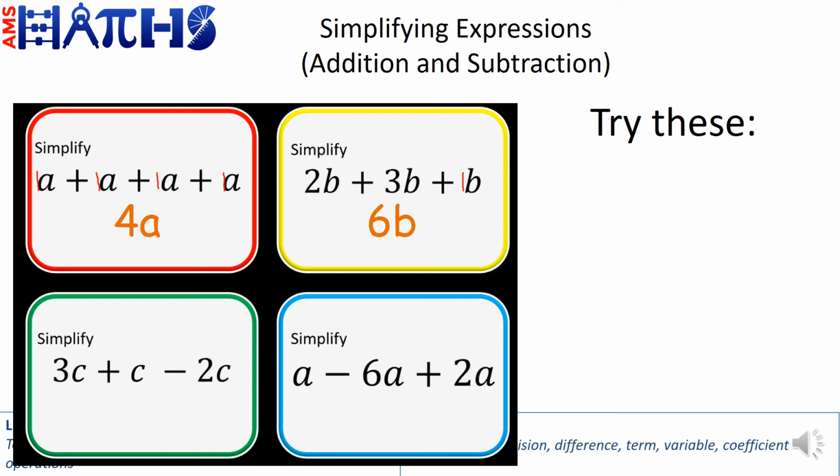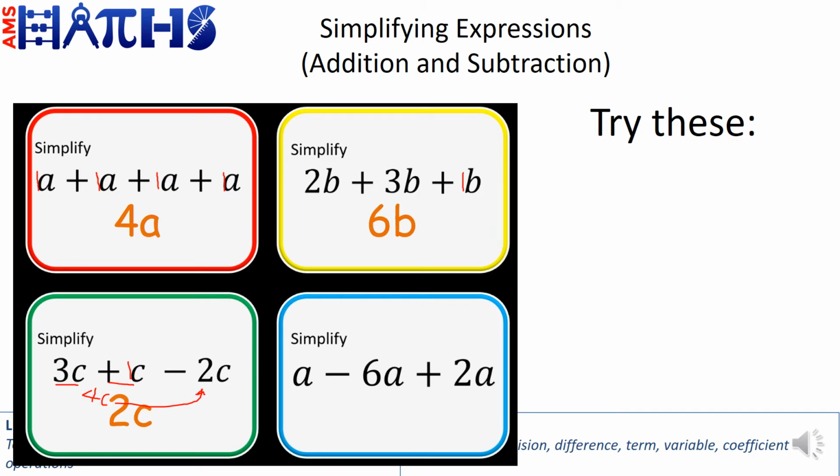In the green box, we need to work out 3c plus c minus 2c. So for the first two, 3c plus 1c is 4c, but we need to subtract 2 c's from that. So 4c minus 2c is going to give us 2 c's.